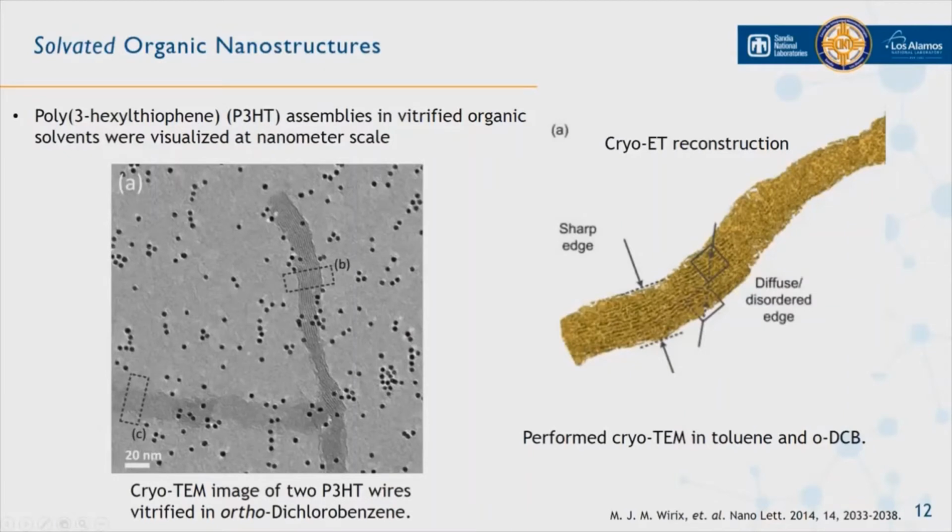They performed both 2D cryo-TEM and electron cryotomography that revealed 1.7 nanometer spaced lamella composed of pi-pi stacked conjugated backbones of the P3HT along the length of the nanowire, with diffuse edges in one direction and sharp edges on the other. And this is originating from different degrees of ordering within the P3HT crystal.